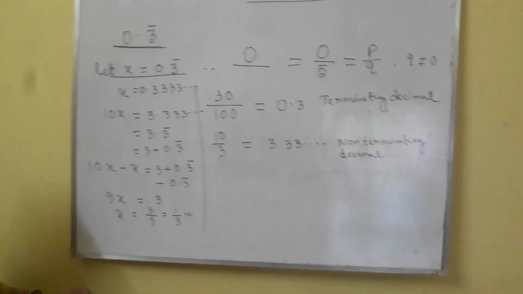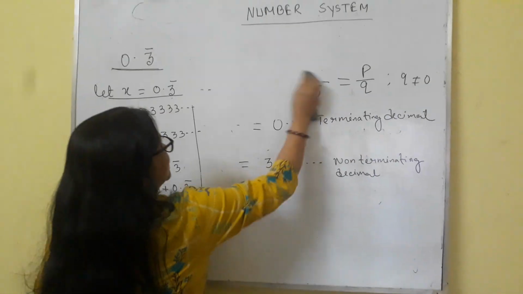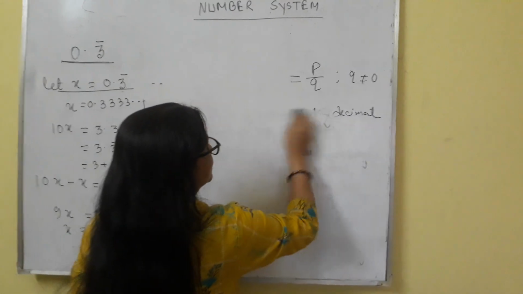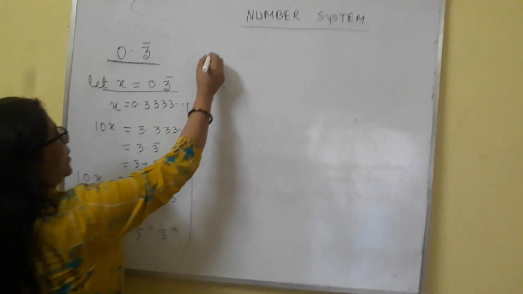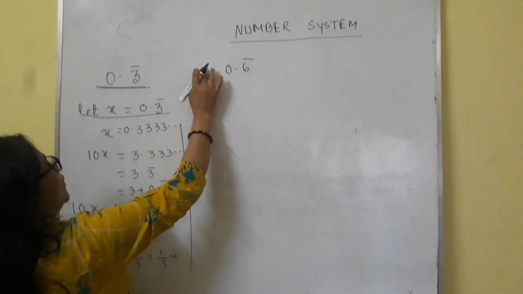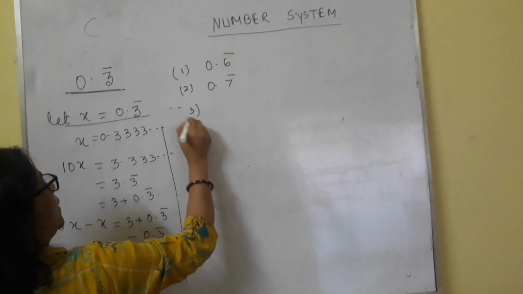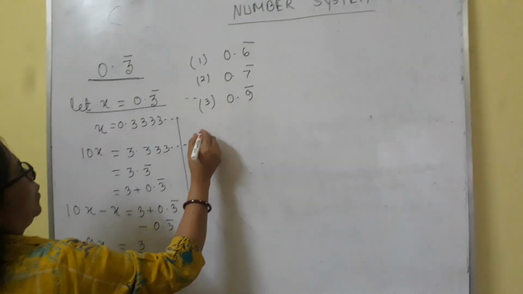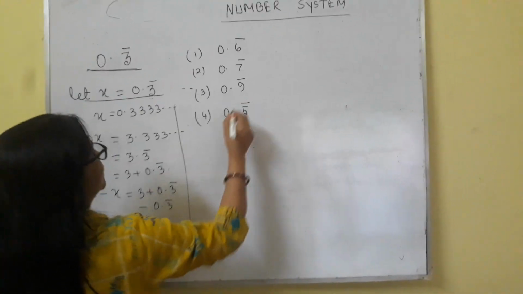Is it clear to you? In exactly the same way you can solve the sums 0.6 bar, 0.7 bar, 0.9 bar, and 0.5 bar.